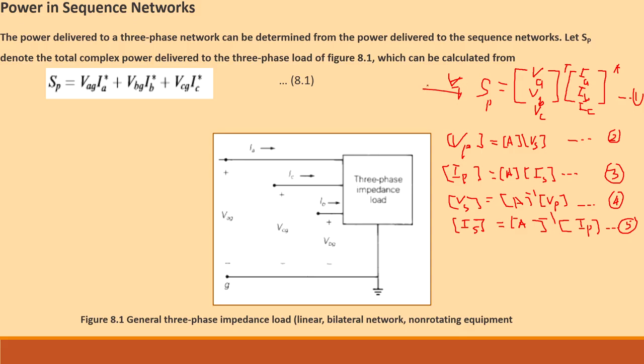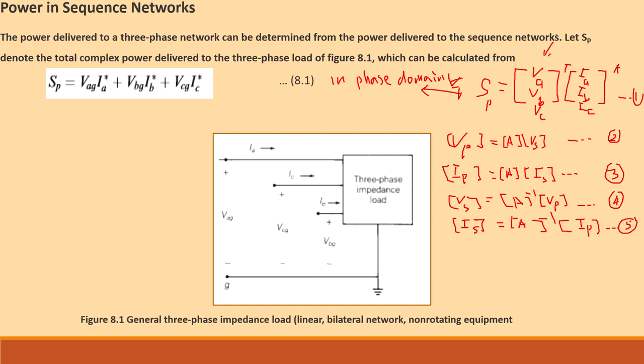This is the apparent power in phase domain. Phase domain means we can calculate the apparent power by means of the phase quantities.